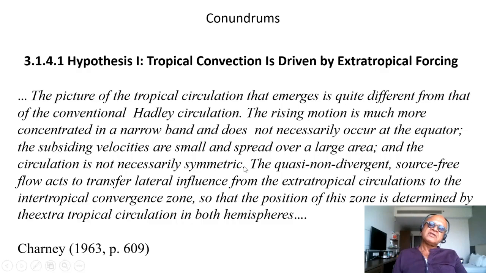So this is a very different interpretation than the understanding we have since, but we have to give Charney a break because he didn't have many of the observations that came about after he had already done these arguments. Of course, the problem with this was that the extratropical forcing doesn't provide enough energy to create these kind of tropical motions.